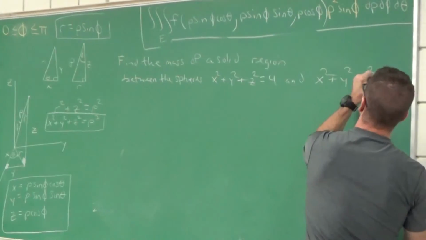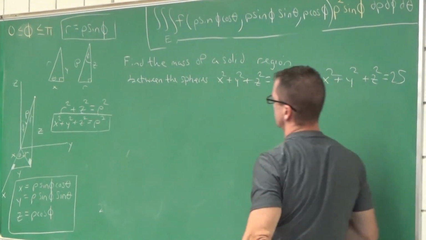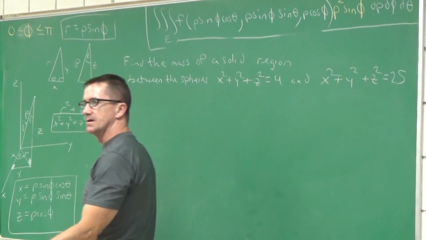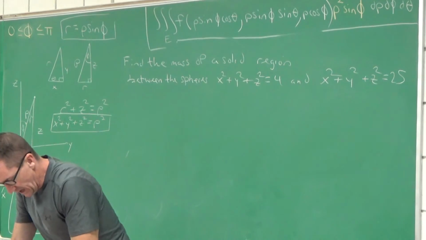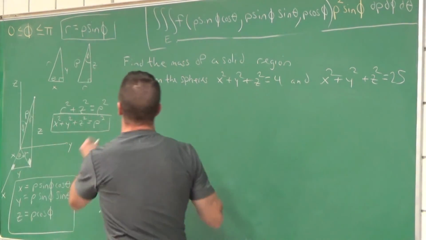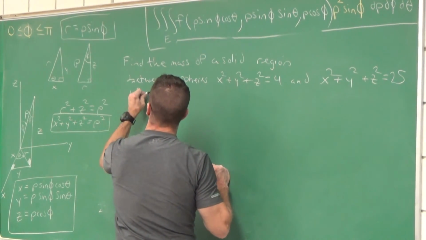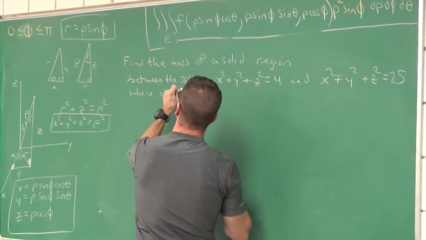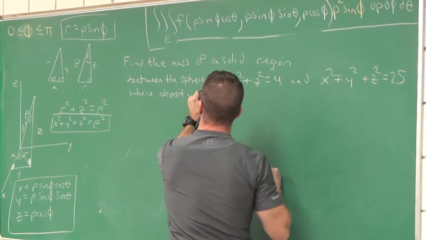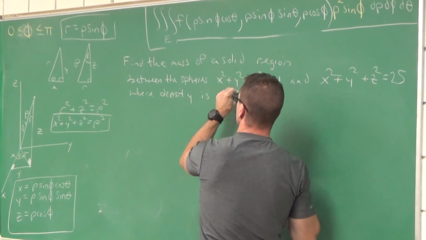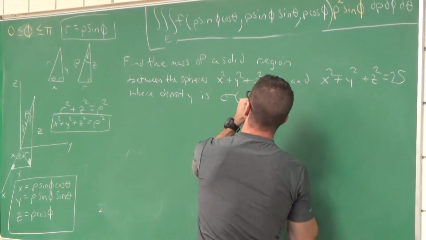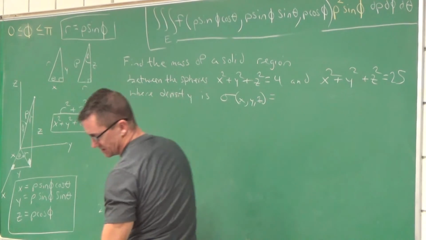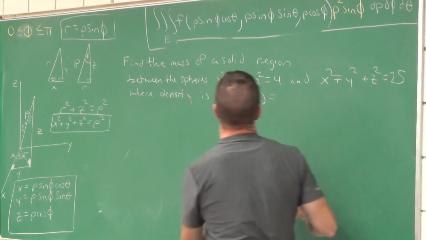This would be really challenging in Cartesian coordinates. This should be a piece of cake in spherical coordinates. And what's the density? Where the density is, okay, they use the Greek letter sigma there. Sigma equals, this is the density, xz.